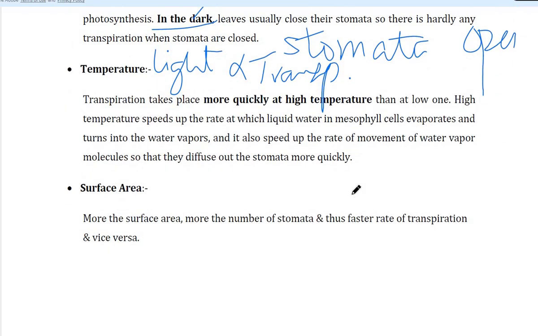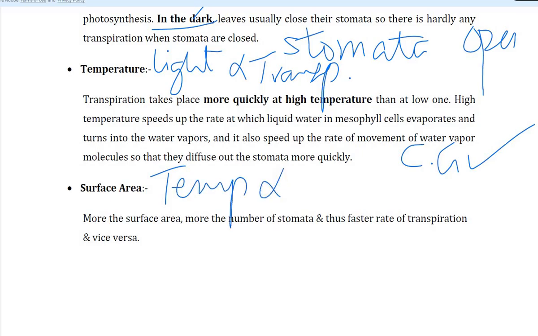Similarly, temperature. Temperature also makes the air dry. अब जहाँ बहुत ज़्यादा गर्मी होगी वहाँ हर चीज़ ड्राई होगी तो क्या होगा कि when the outside air is dry, inside there are more water vapors, so concentration gradient is established. So rate of diffusion, transpiration will become fast. So temperature is also directly proportional to the rate of transpiration.